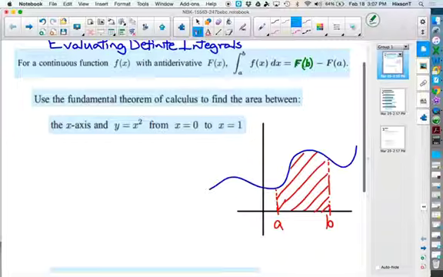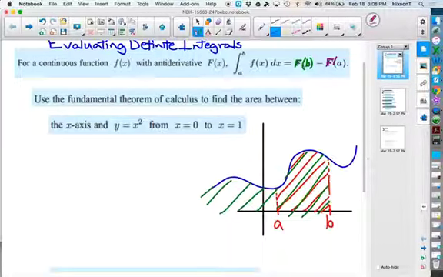So capital F of b is going to give me all this area to the left forever. Capital F of a, on the other hand, is going to give me all the area to the left of a. So I'm starting here at a, and I'm finding all this area.